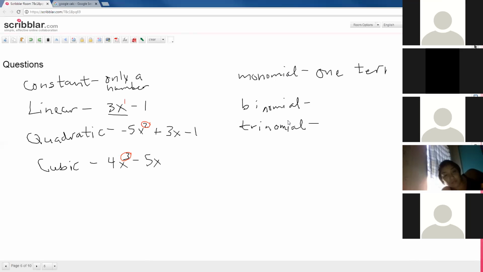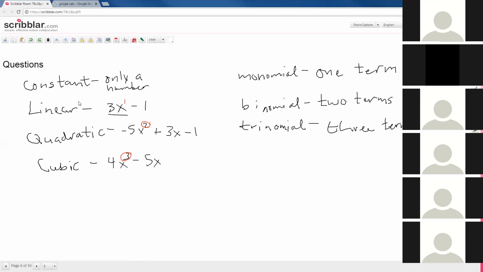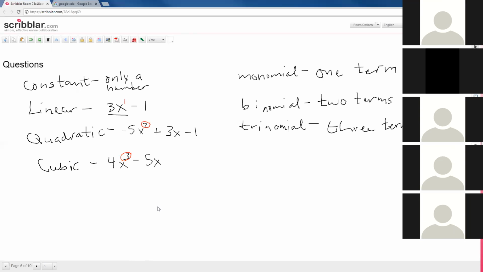Binomial is two terms, kind of like a bicycle has two wheels. And trinomial is three terms, kind of like a tricycle has three wheels. So when you name a polynomial, you've got to pick one name from each. If we had 3x squared plus 7, let's name this polynomial.